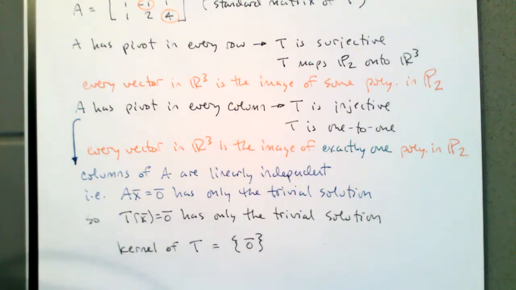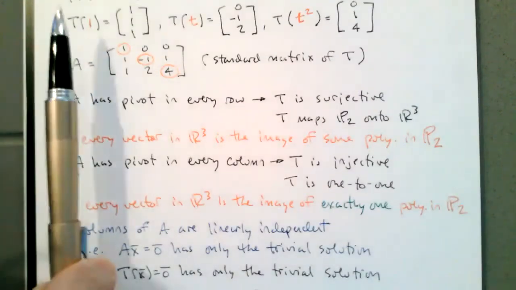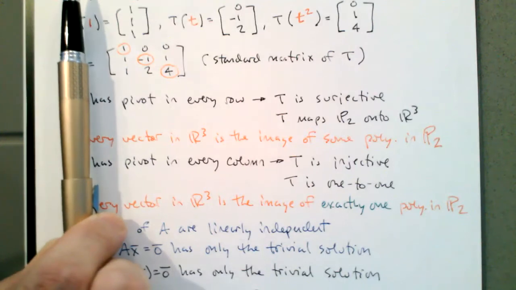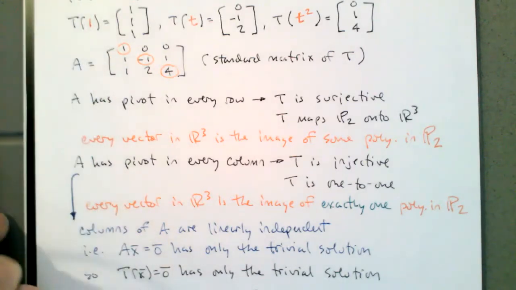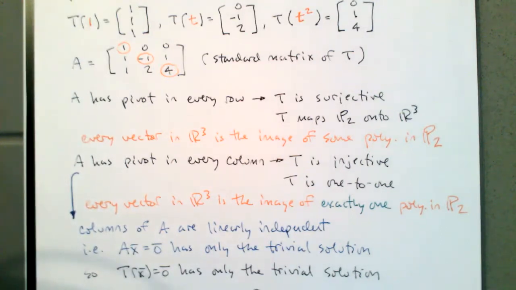Then you just have to work out not using the phrase the matrix or referring to matrices that you've never defined. So if you just wrote, here's the standard matrix of T, and then you start referring to the matrix A without ever saying A is equal to the standard matrix of T, without telling me specifically what you mean by the matrix A, I don't know what you're talking about.